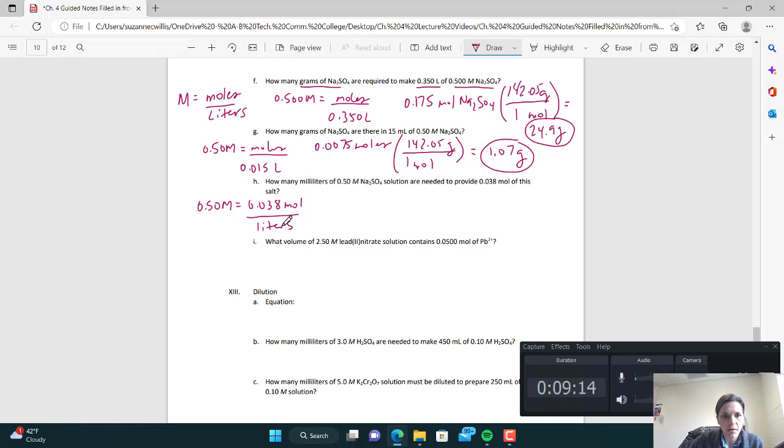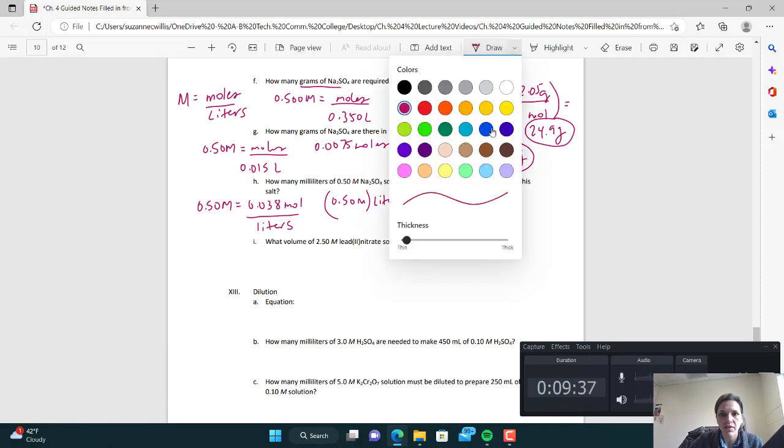This one, I'm going to recommend cross-multiplying. Since you're looking for the denominator, this is a common problem algebraically. So if you cross-multiplied, you would first get 0.50 molar times your liters, which you're looking for, equals the 0.038. And then to isolate liters, you would divide by 0.50 and divide by 0.50.